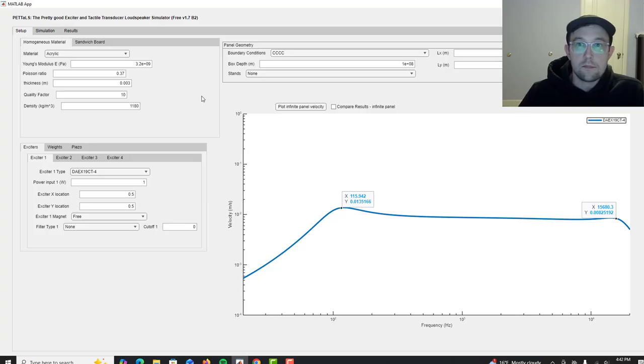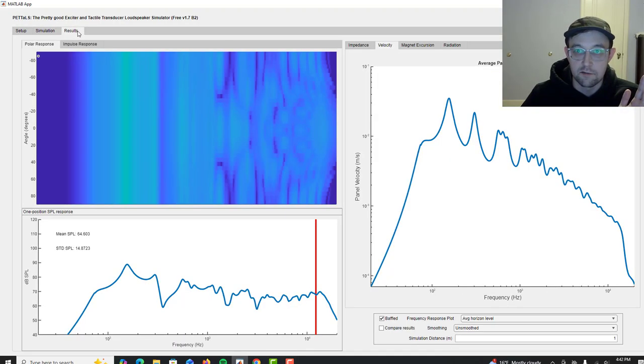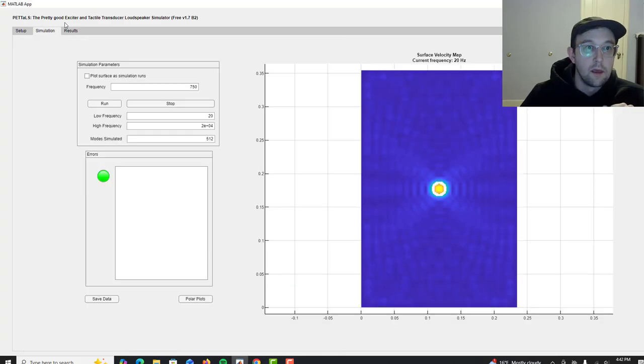So I think I capped the dimensions of the panel that you can simulate at 1 meter on each side. And that was originally to limit the number of modes being simulated. Now, I have a different way of capping the modes, so I can take that restriction off, but I'm going to leave that, again, for licensed versions of this program.